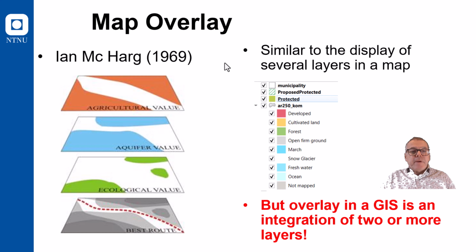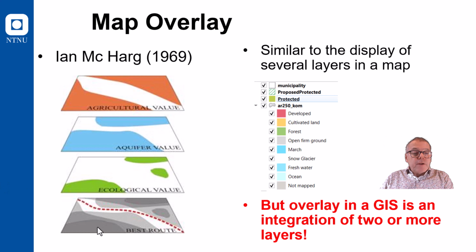So what Ian McHarg did was to collect value maps or criteria maps for everything which was important for a good decision on where the best route for a new highway should go. Having an agricultural value layer and an aquifer value layer and an ecological value layer, and combining these visually by displaying them superimposed on a light board.